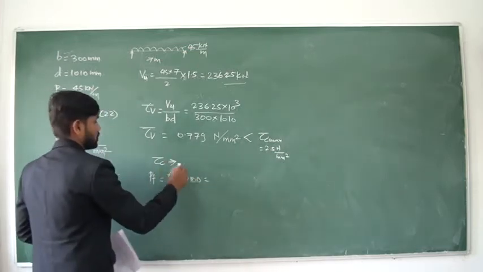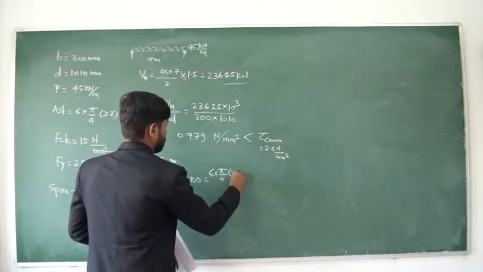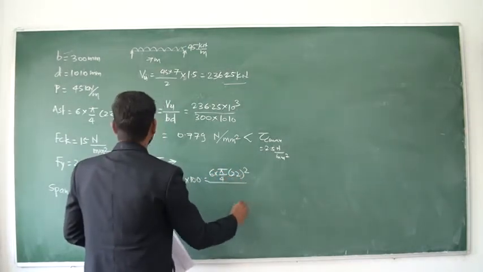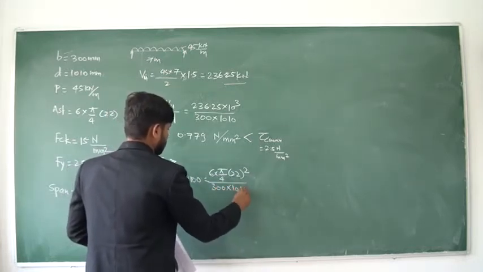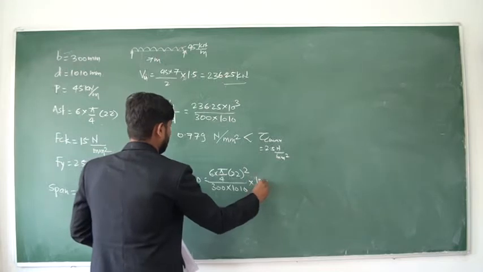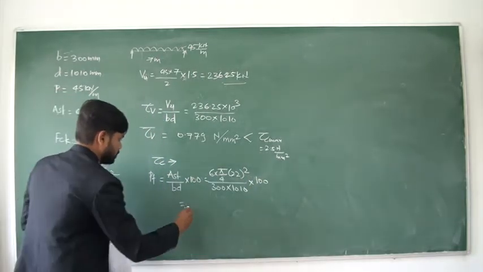So Ast is 6 bars of 22 mm diameter, divided by bd, into 100, and it will be equal to 0.7.